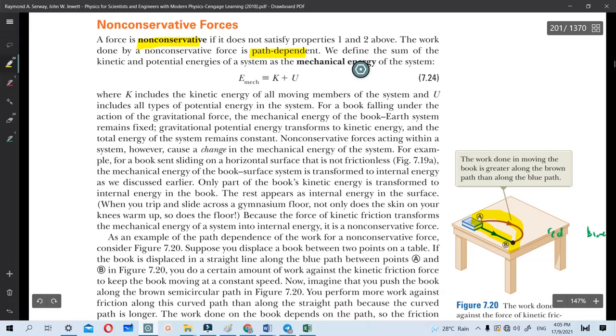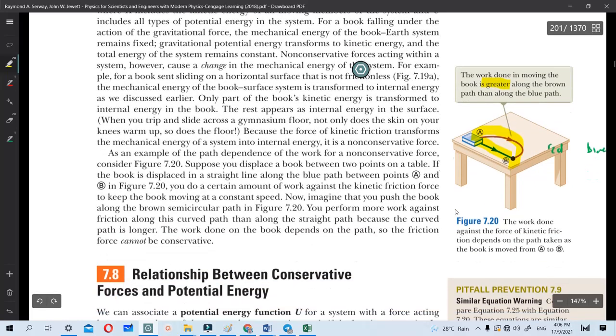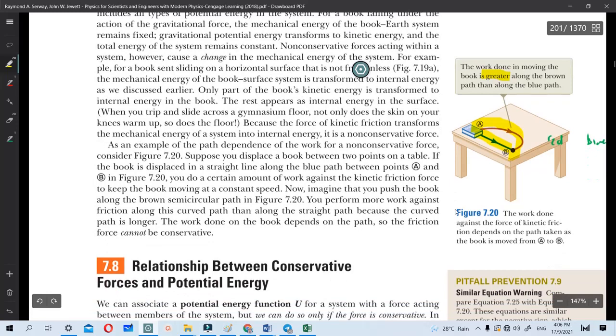You start at A and end at B, but you take a different distance. So you find that the red one is actually greater, the work by friction is greater, not work done, because it has a longer path taken.